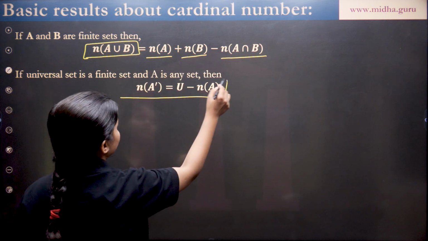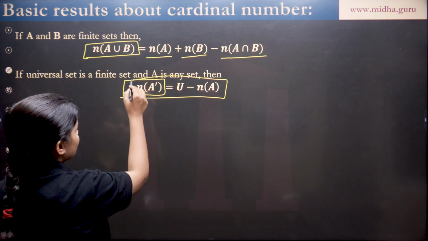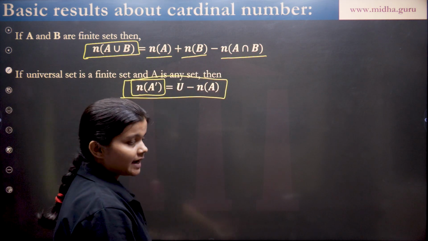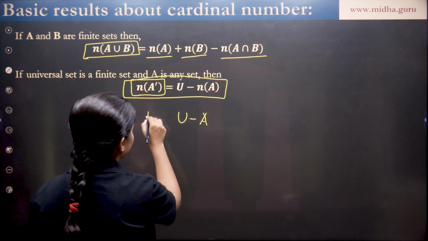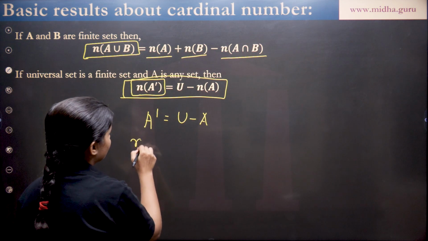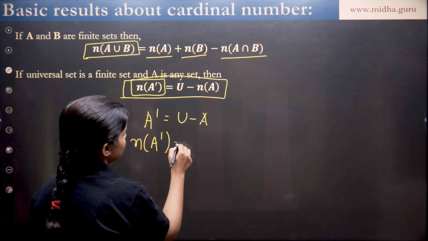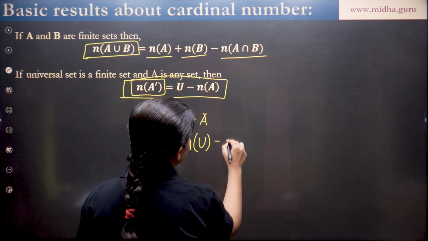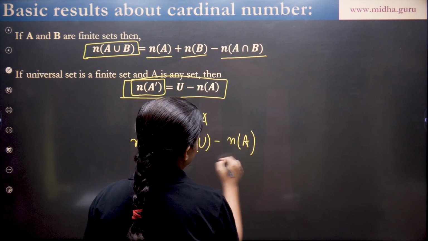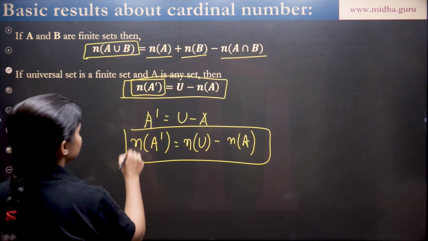And we have already learned that to find the complement of any set, we have U minus A. A dash is U minus A. So n(A dash) is equal to n(U) minus n(A). This is the second result and this is the first result.